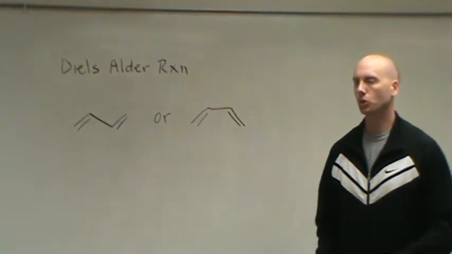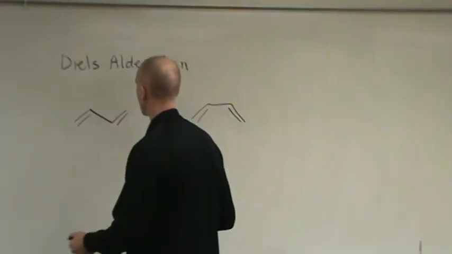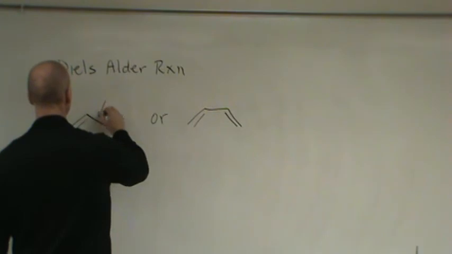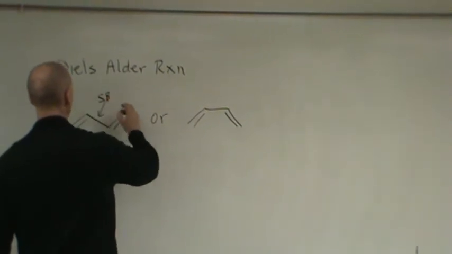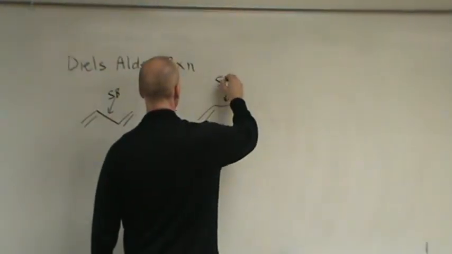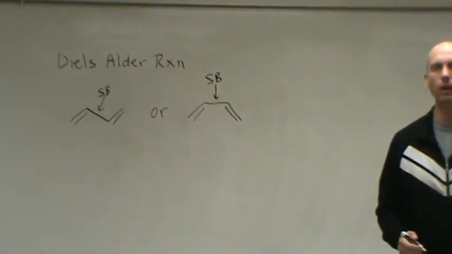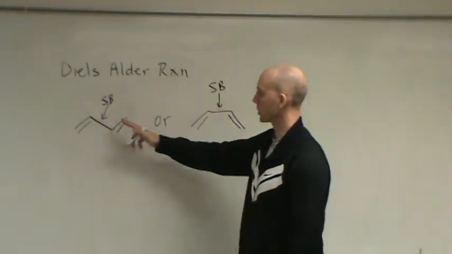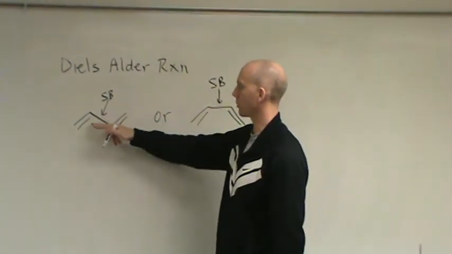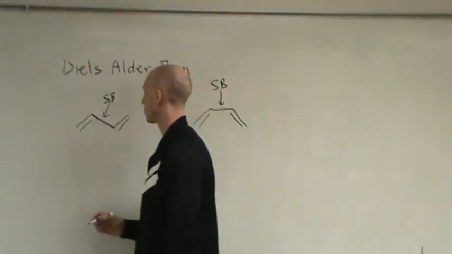These two conformations are given names. What you want to do is keep your focus there on that single bond. If I look at this single bond, these two double bonds are on opposite sides.